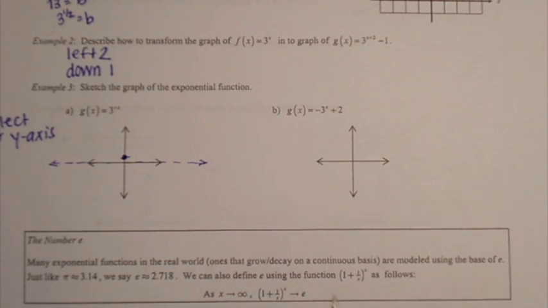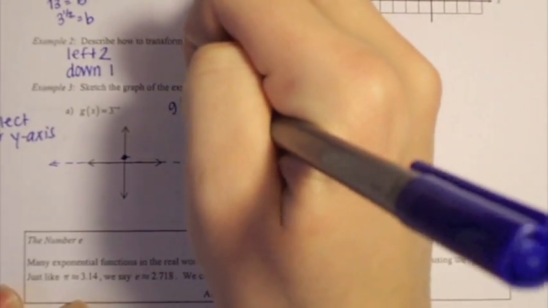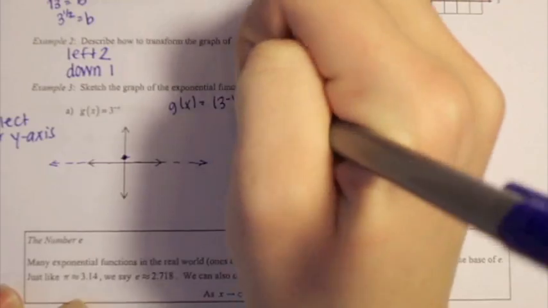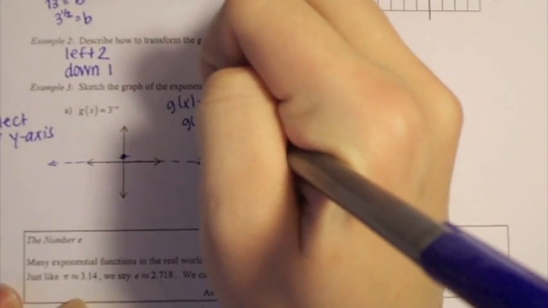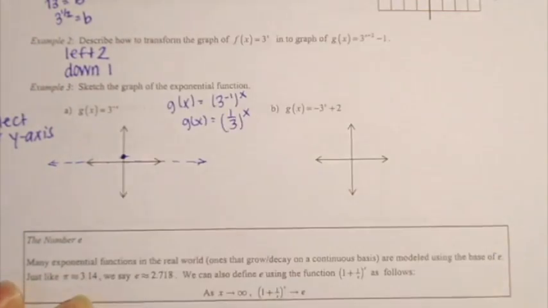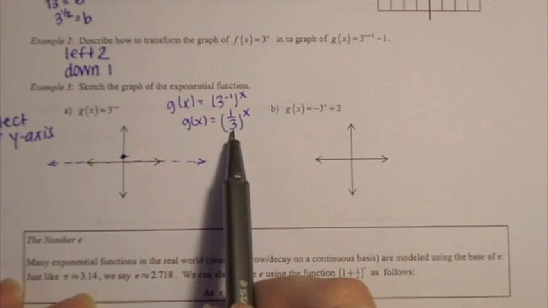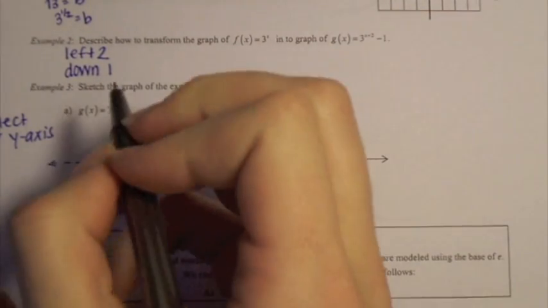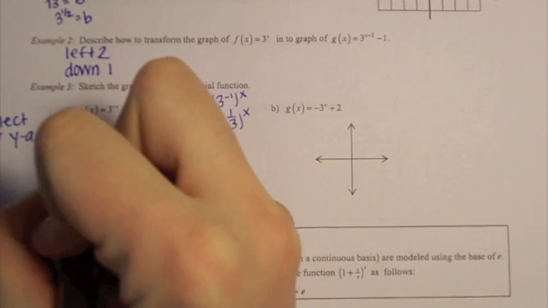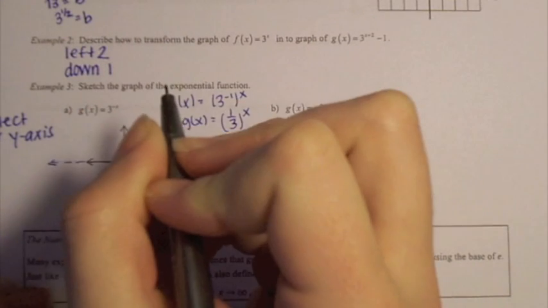And we know this is decay. We know this equation is decay because it can be rewritten as g of x equals 3 to the negative 1 raised to the x, which means g of x equals 1/3 raised to the x. Here we can see our a value is 1 and our b value is 1/3, which is between 0 and 1. Therefore it is decay. So we can sketch our graph like so.